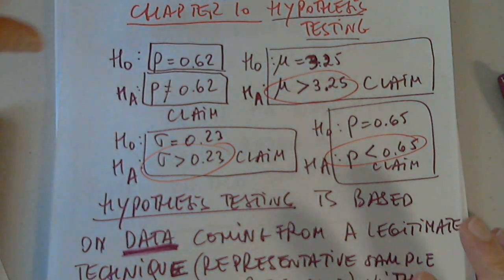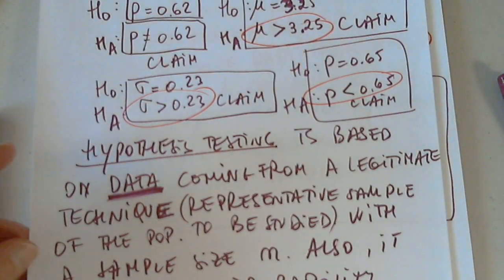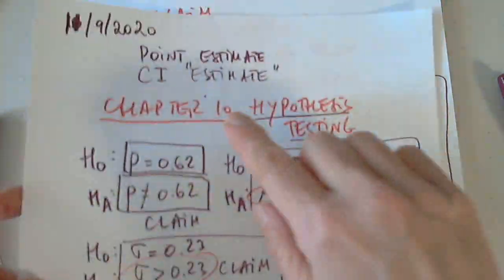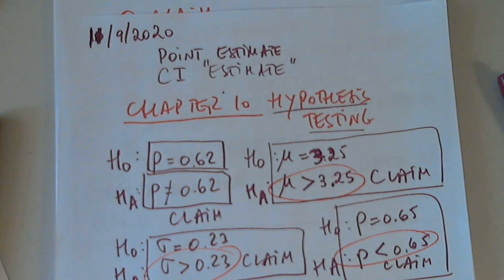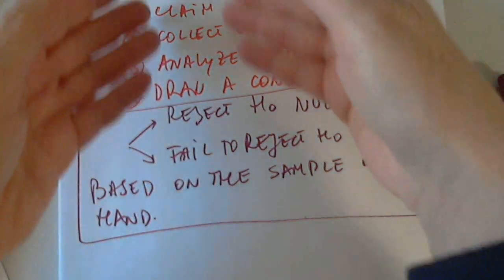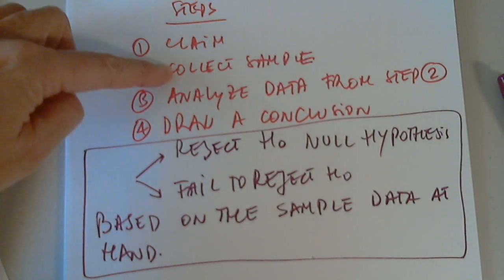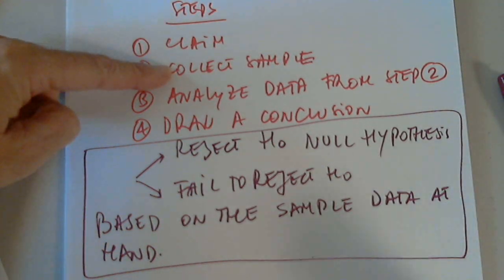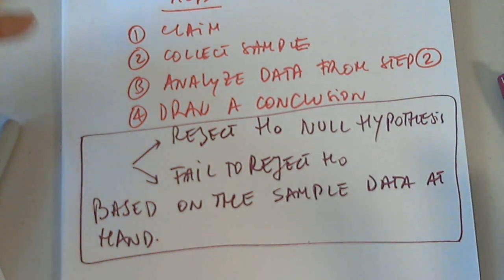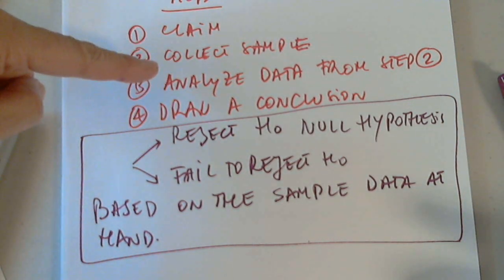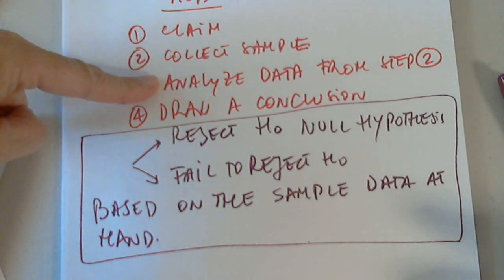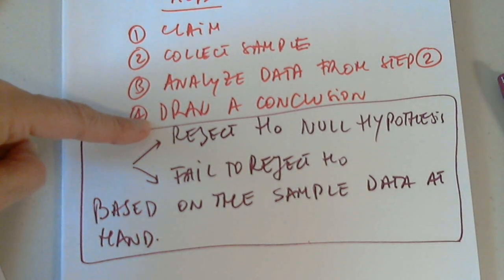Yes. That's why, as I mentioned, chapter 10 is the reason why we studied everything in this class. Everything is here. Collect the sample. We know what type of sample and what to do with it and how to organize the data. Then we learn how to analyze the data. And now we are drawing conclusions from hypothesis testing.